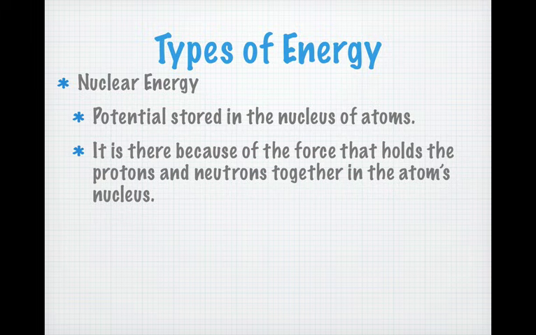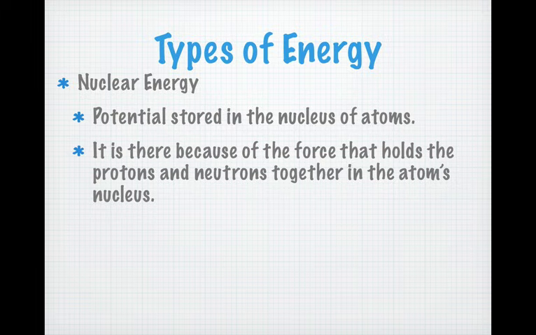And it's there because the particles that are in a nucleus of an atom are trying to push themselves away from each other. It's kind of like trying to put two of the same ends of a magnet next to one another. They repel each other. The positively charged protons in the nucleus of an atom try to repel one another. They're trying to push away from each other.